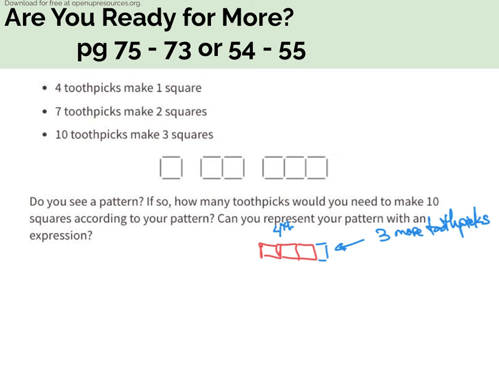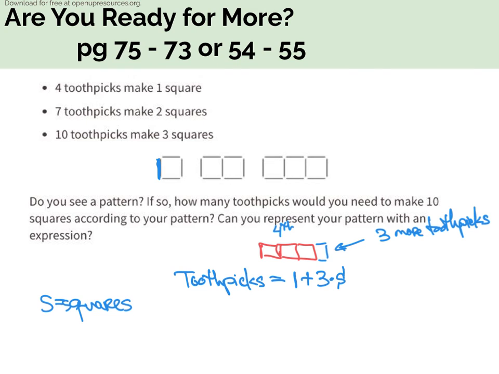Okay? So to make an equation for toothpicks, we're going to say toothpicks equals, we're going to start with that first toothpick. And then we're going to add 3 more toothpicks for every square. So we're going to say S equals squares.